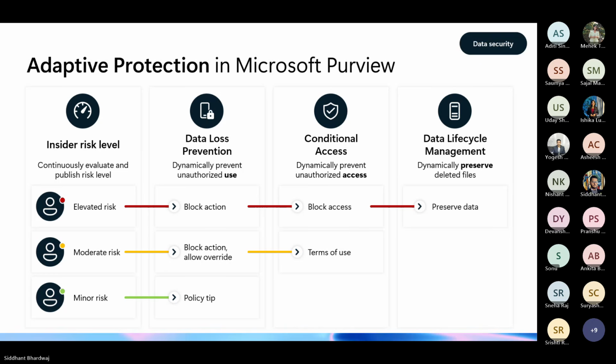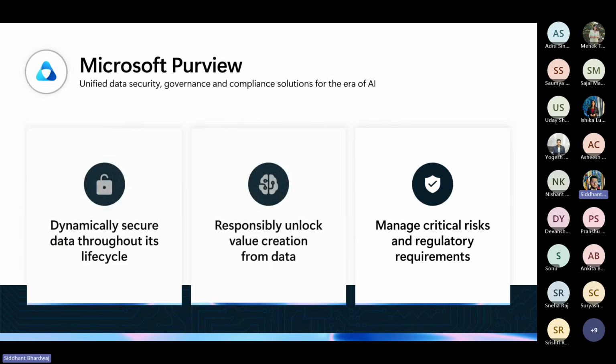Someone with moderate risk may have a block action implemented while having the ability to override it by going through the terms of it. Someone with elevated risk might have a blocked action from accessing data, which results in the preservation of data throughout its life cycle.